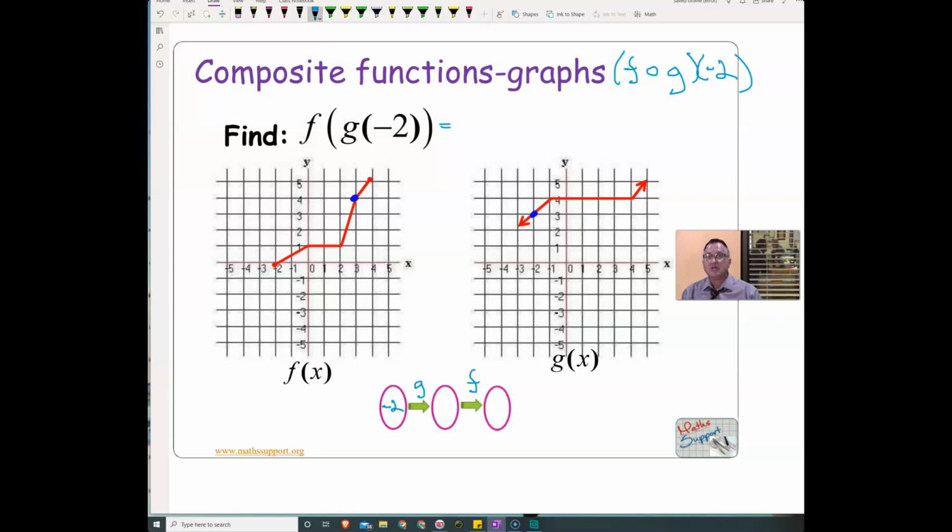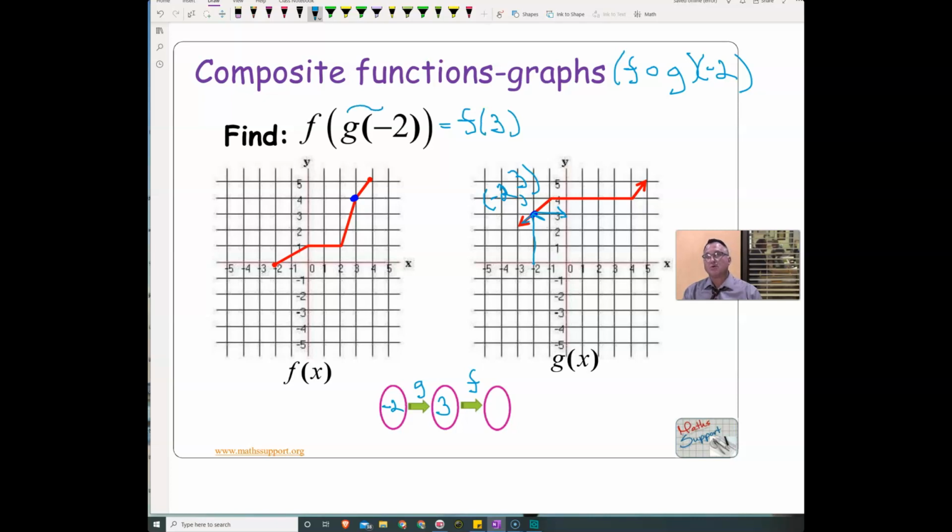So here's G, I go to -2. There's my point. Go over, and the output is 3 for -2. So I put a 3 right there. So now this is going to be F of 3.